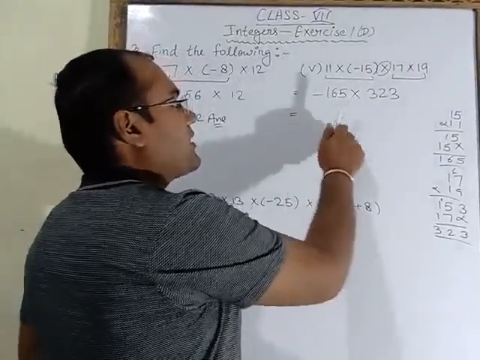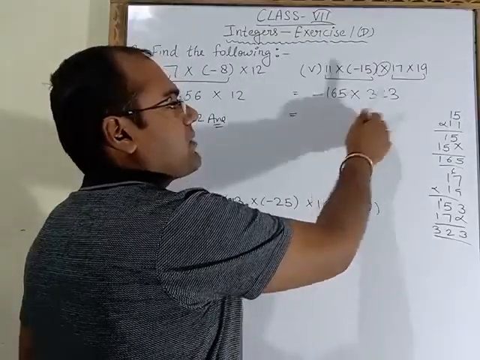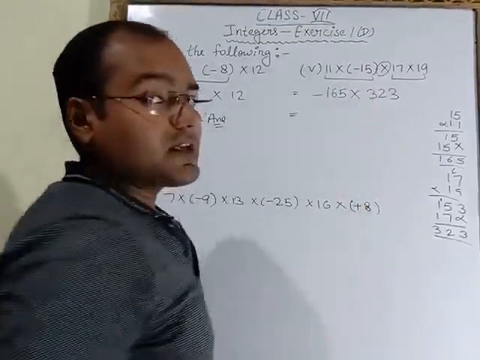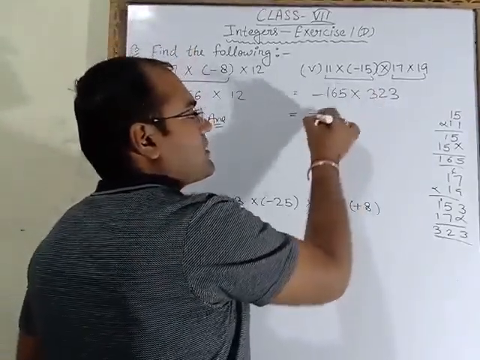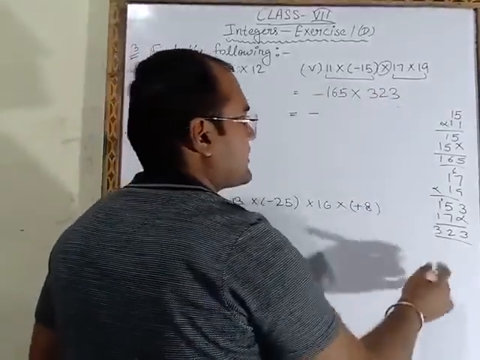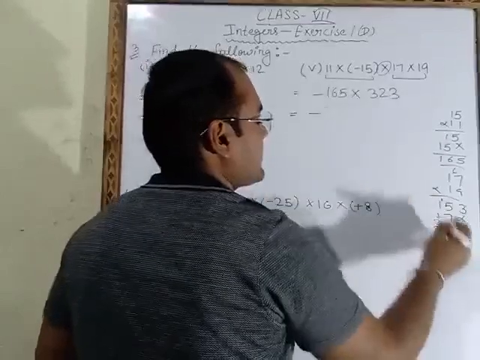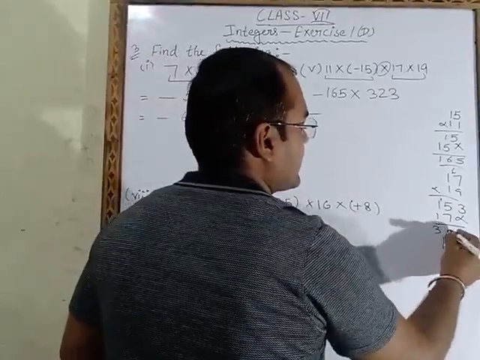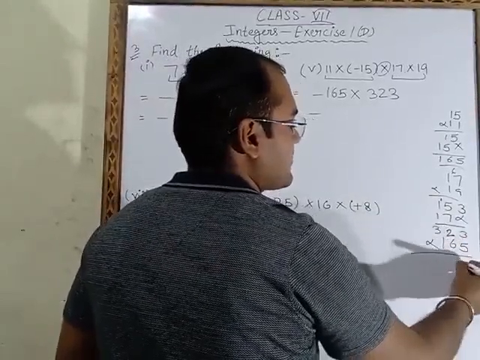Now minus multiply with what sign is coming here? Plus sign. Minus multiply plus will be minus. Now we have to multiply these 2 numbers. 323 into 165.